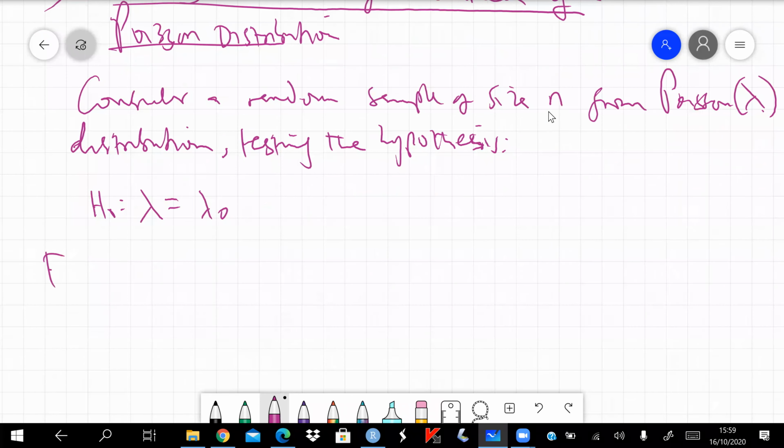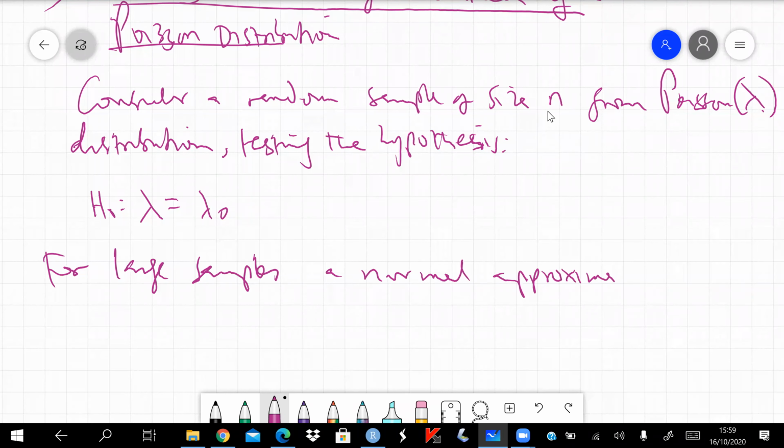And we say for large samples, a normal approximation can be used. So we are just saying that we can use the Z statistic.